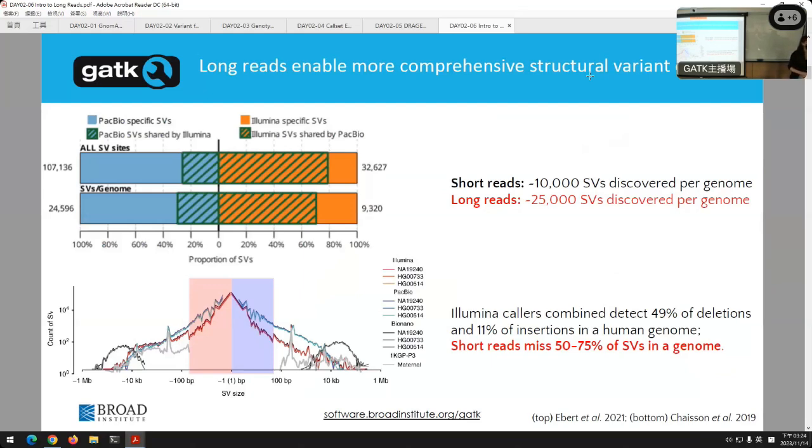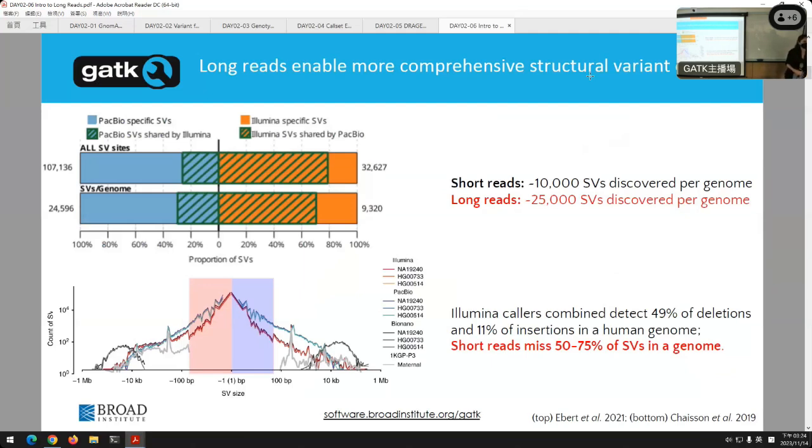These genomic rearrangements are often larger than the length of a short read, so it can be complicated to discover structural variants using short reads. We can still do an okay job, and I'll talk to you about the methods that we use for that on Thursday.